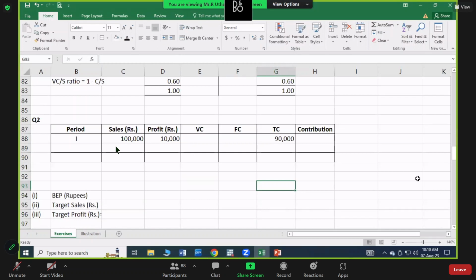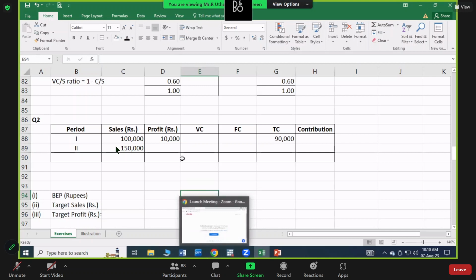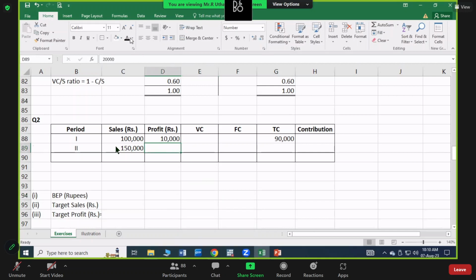So you want to apply a technique to find out the variable cost. For that you take the second period data. The second period data says the sales is 1,50,000 and the profit is 20,000.